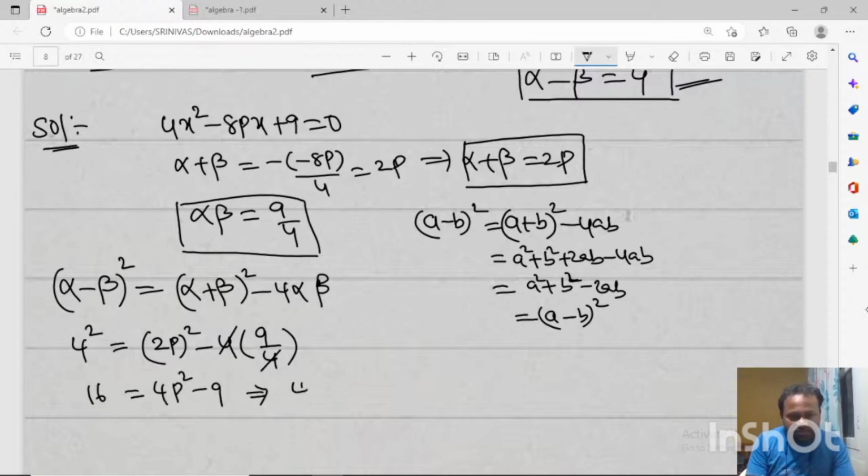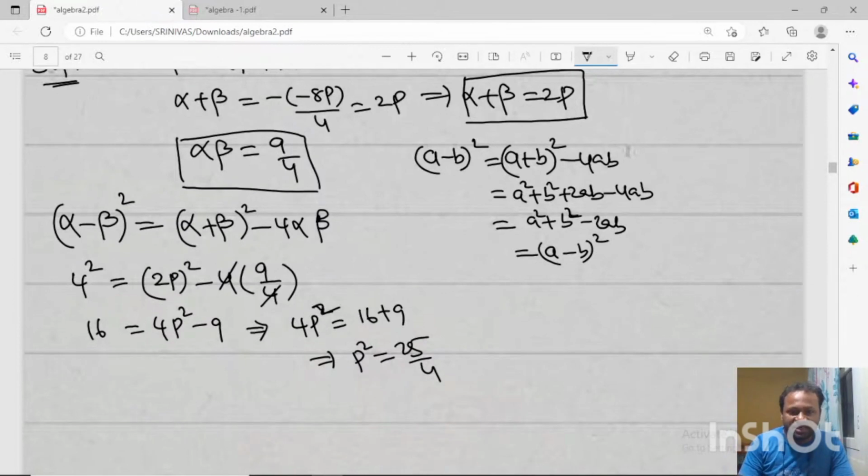That implies 4p square is equal to 16 plus 9. So the answer is p square is equal to 25 by 4. The correct answer is p is equal to plus or minus 5 by 2.